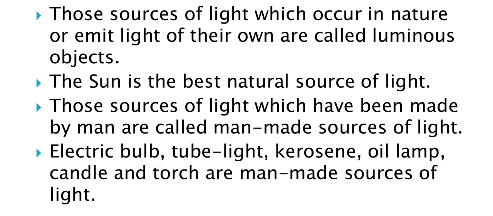All these are man-made. In other words, an object which gives out its own light is called a luminous object, and an object which does not give out its own light is called a non-luminous object.